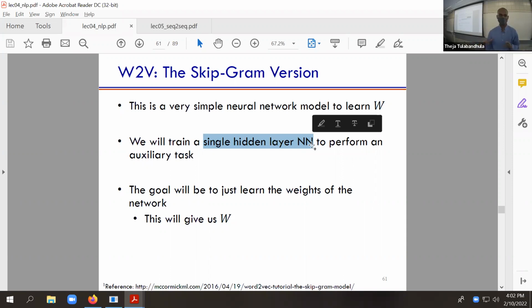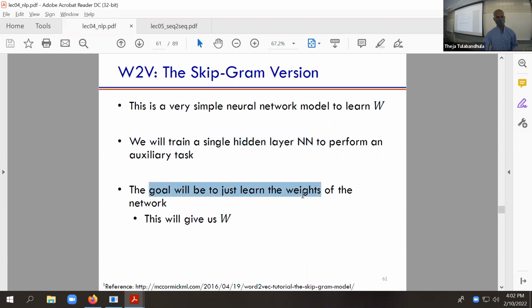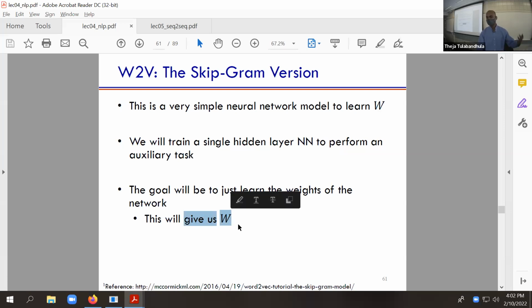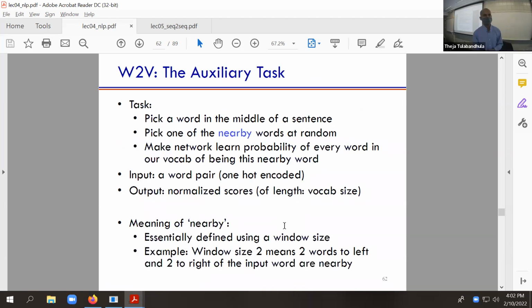The goal is to learn the weights of the network, of course, because we want to do well on the prediction task, but doing that classification task well and learning the weights of that network will give us W.